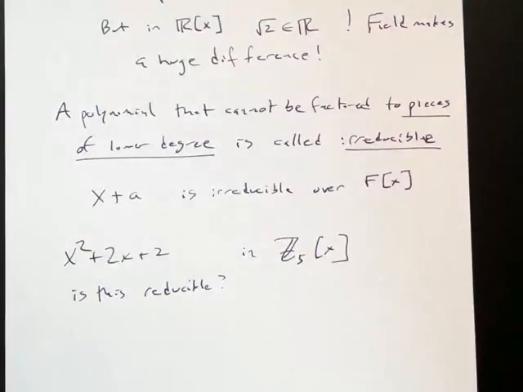We're in Z5. Only 5 numbers to check. So start checking. What happens when you put in 0? That's not a root. What happens when you put in 1? I get 5, which is 0. Aha, I have a root.